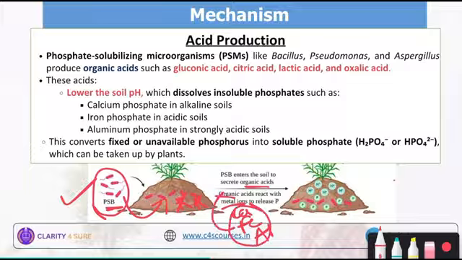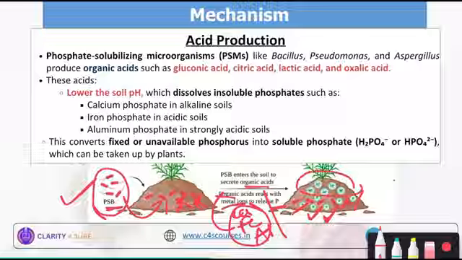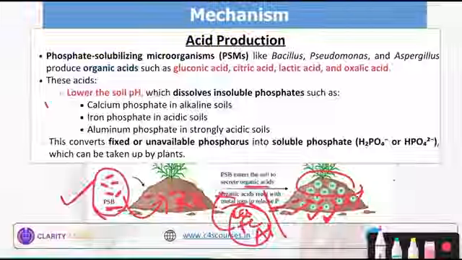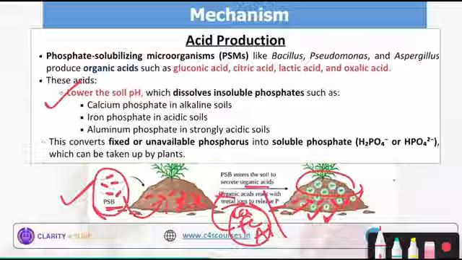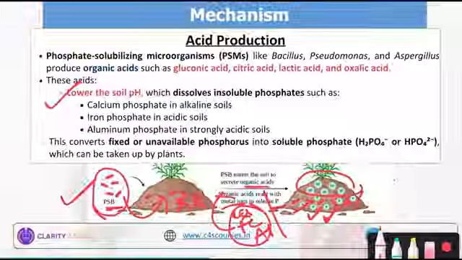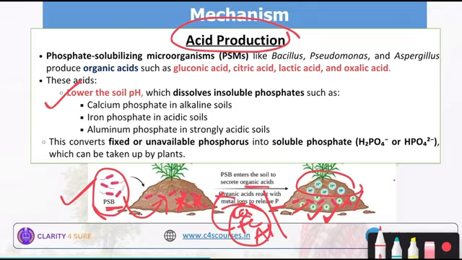They are going to react with these metal ions to release the P. As I said, they are going to break that bond, making these P's available. And the H plus is showing the process called acidification, that is, they are going to lower the soil pH, which makes it dissociate from those soil minerals. So the first mechanism by which this phosphorus is made available is called acid production.